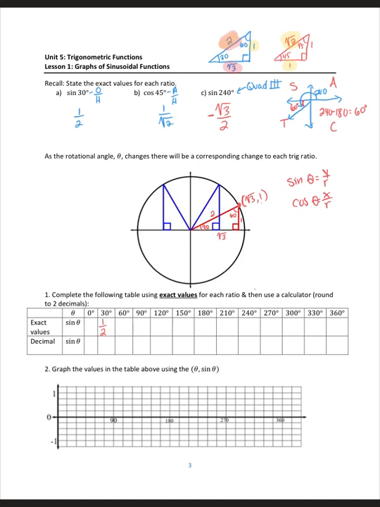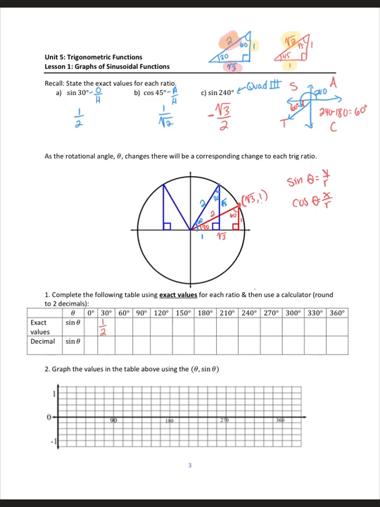All right, if we look at this other blue triangle, okay, now we have a 60-degree angle and a 30-degree angle up here. So again, we could label those side lengths. Remember that 1 is opposite the 30-degree angle, radical 3 is opposite the 60-degree angle, and our hypotenuse is 2.